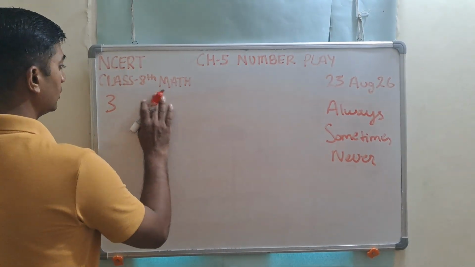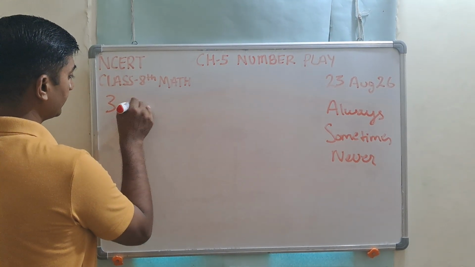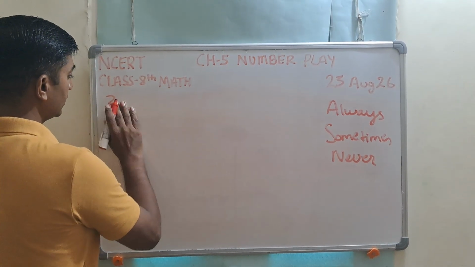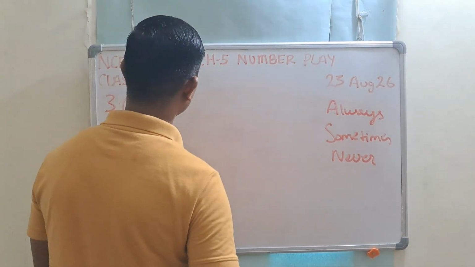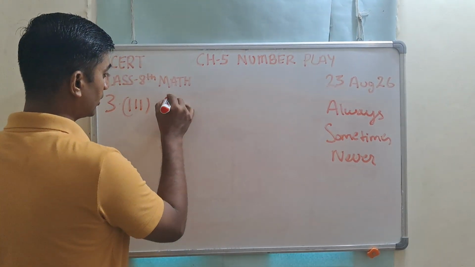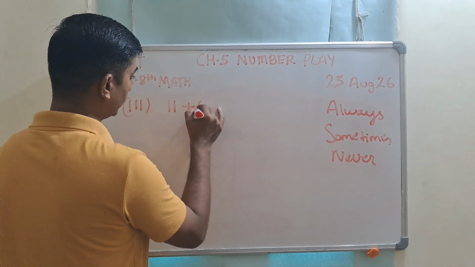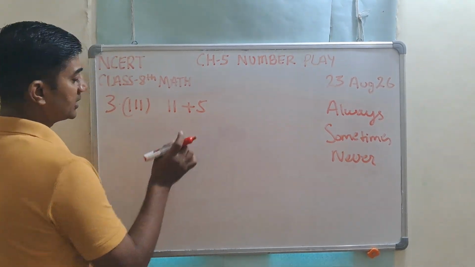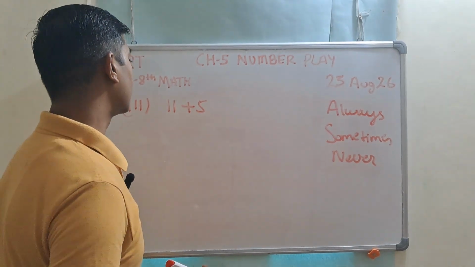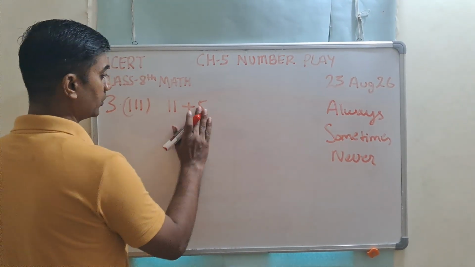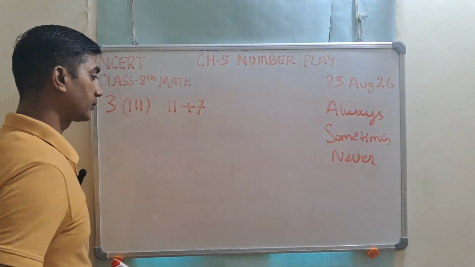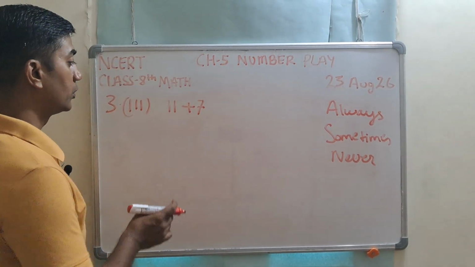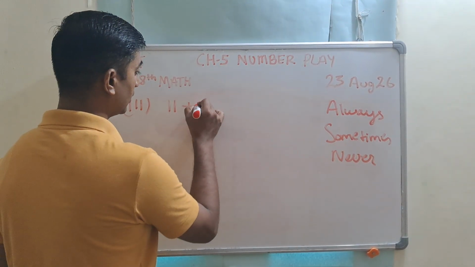If we take two numbers randomly, this is the third. If we take two numbers randomly, say 11 plus 5. Now these two numbers are not divisible by 6. Understood? But if we take 11 plus 7. Now these two, okay, we'll take it 5.